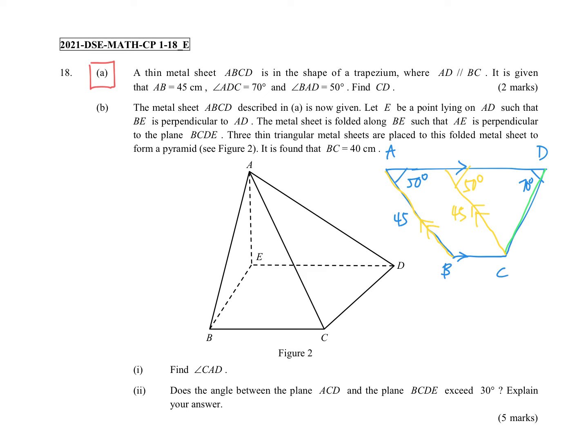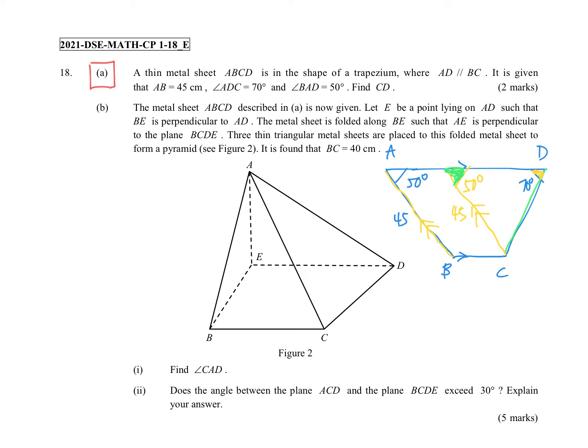Good. So this 45, and then this angle will be corresponding to the green line, and then the yellow line will be corresponding to 70.